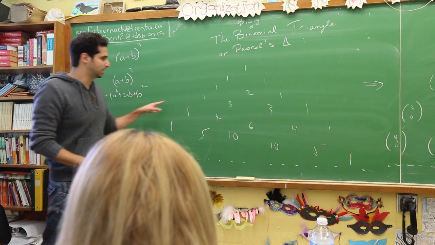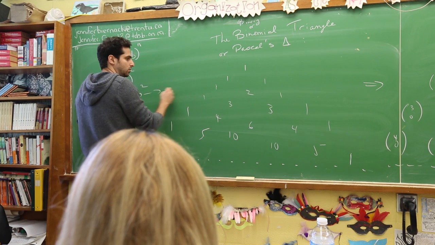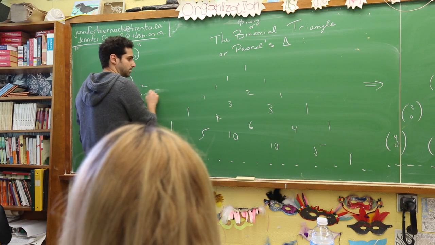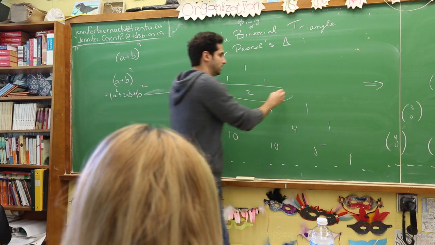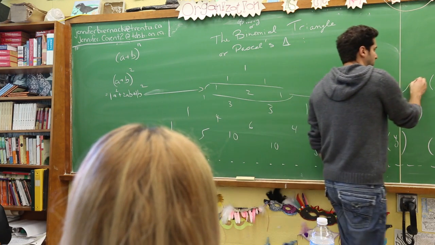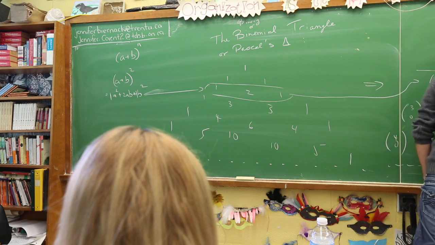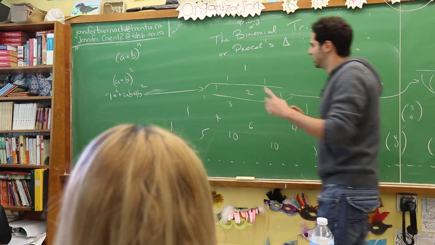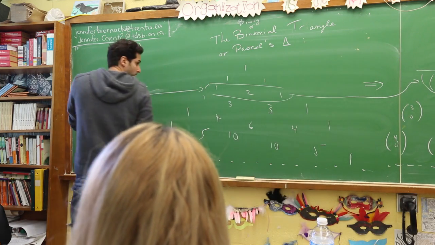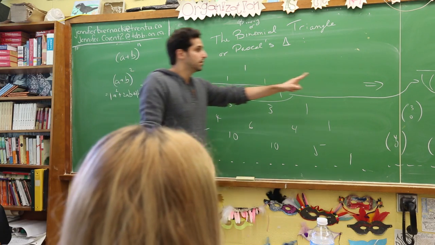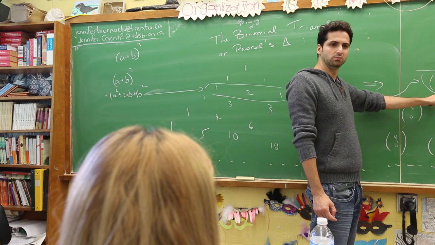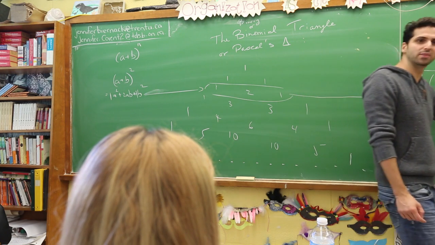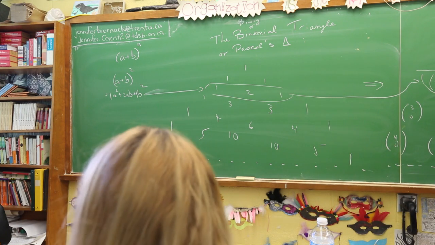And you can see that that lines up nicely with this. And that lines up nicely with this. But notice, this is critical. This says 2 choose 0. This says 2 choose 1. This says 2 choose 2.